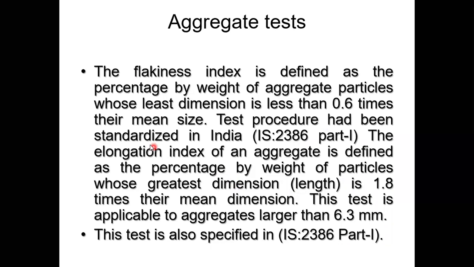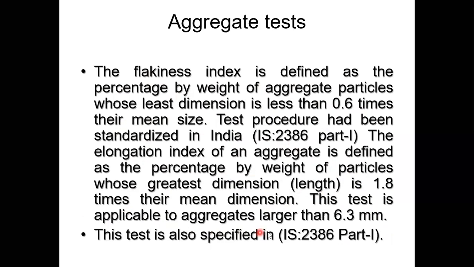The flakiness index is defined as the percentage by weight of aggregate particles whose least dimension is less than 0.6 times their mean size. Similarly, the elongation index is defined as the percentage by weight of particles whose greatest dimension, that is length, is 1.8 times their mean dimension.